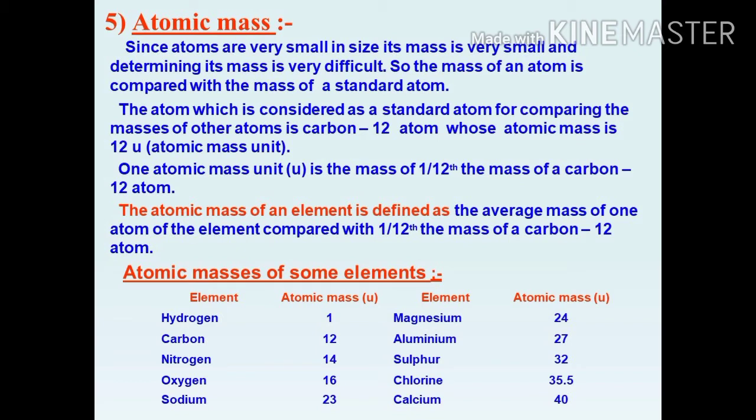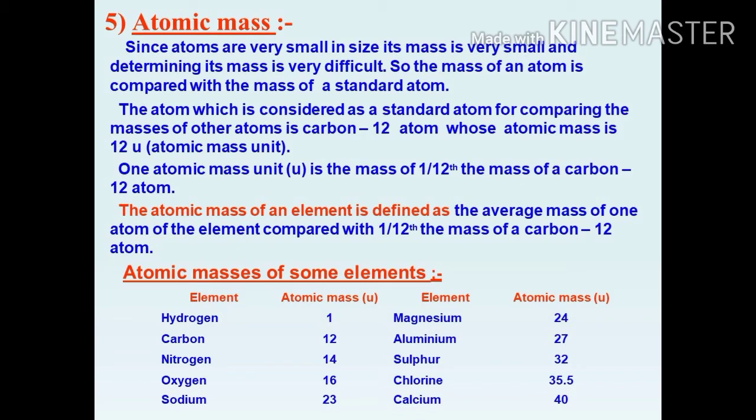The atomic mass of an element is defined as the average mass of one atom of the element compared with 1/12th the mass of a carbon atom. Atomic mass of an element is also compared with this 1/12th mass of a carbon-12 atom. See the atomic masses of some elements.